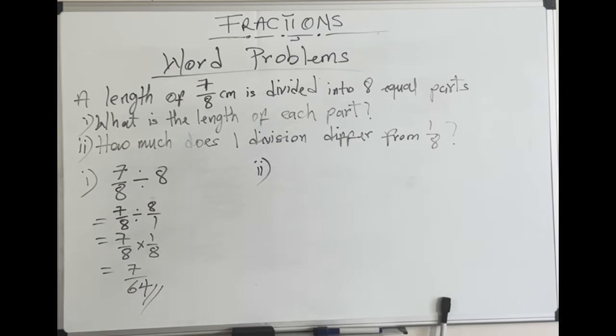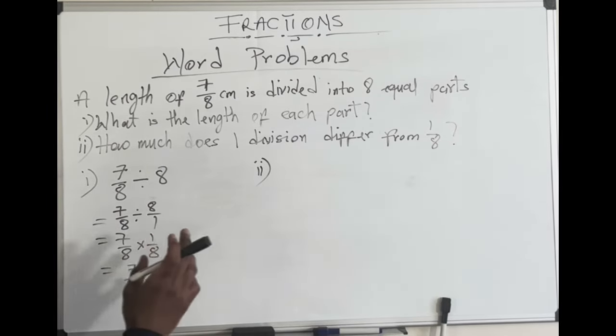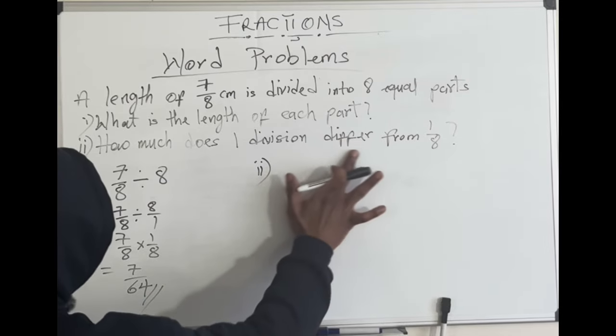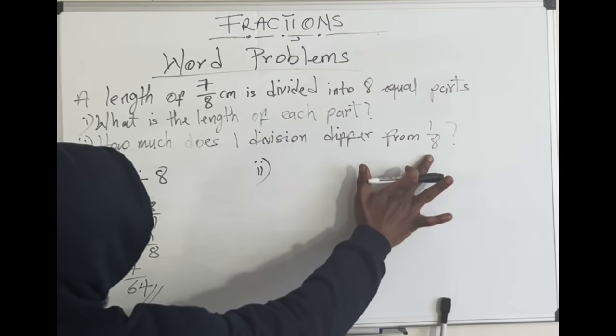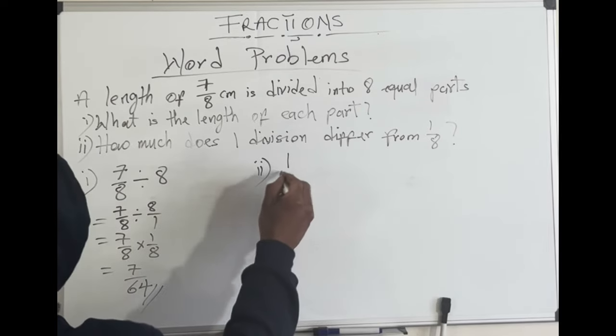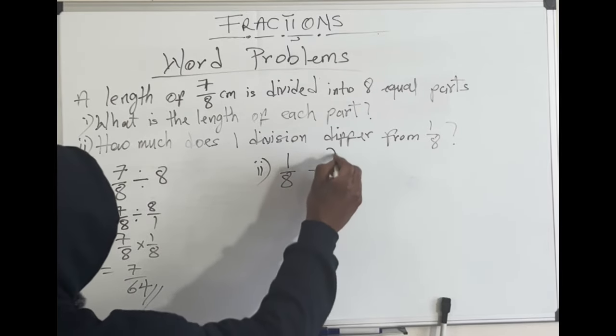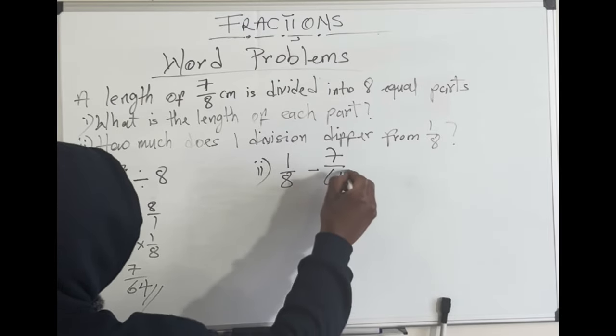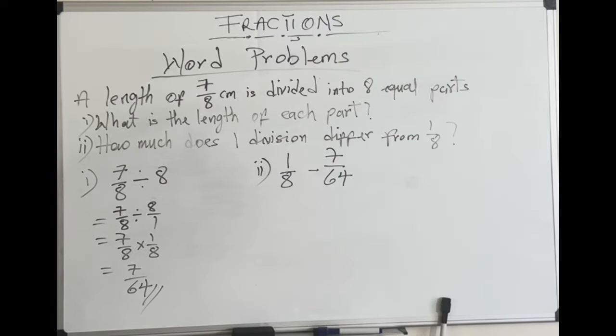Now we've already worked out and realized that 7 over 64 is the length of each part. Okay, and right now it's asking us for the difference from 1 over 8. So it's very simple. We just subtract the 7 over 64 from the 1 over 8. Okay, so 1 over 8 minus 7 over 64. And then we just work it out.